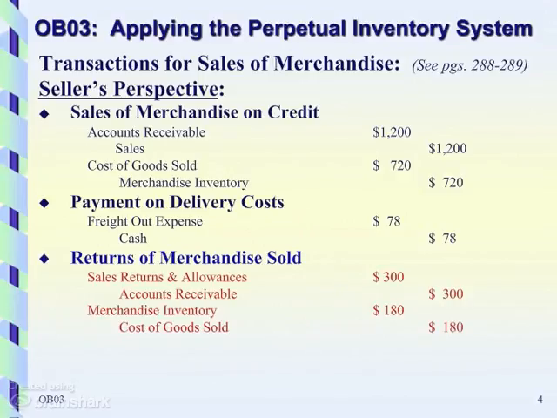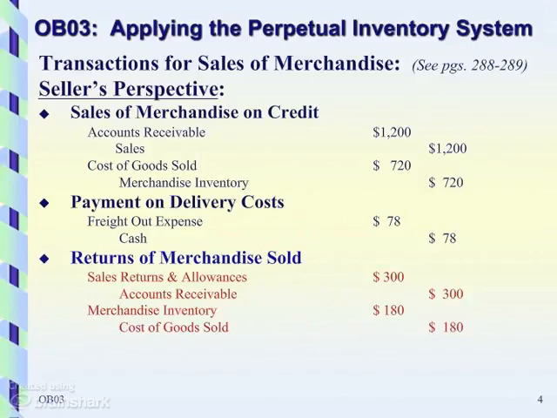So the normal balance of the sales returns and allowances account is going to be a debit balance. That account is paired to the sales account, which has a normal balance of a credit balance. The two are netted together to give us our net sales at the end of the fiscal period.